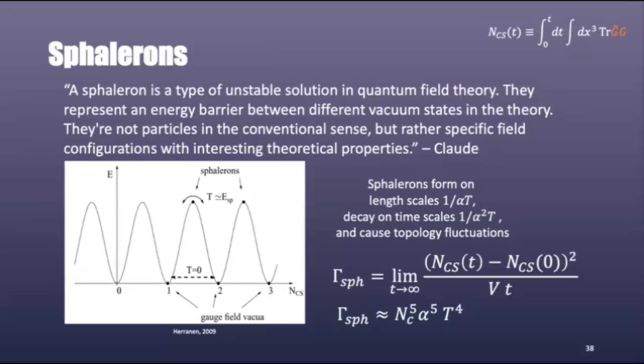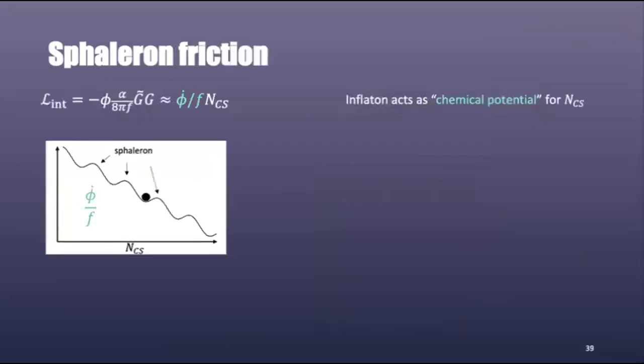And the reason for that is because if we are at a finite temperature, it becomes much easier to overcome these barriers. At some point, it's trivial to go from one barrier to the other because we have enough energy in the system. So this cartoon here is exaggerated. These wiggles are really tiny. What really happens here is that there are almost no wiggles anymore at the temperature above the confinement scale.